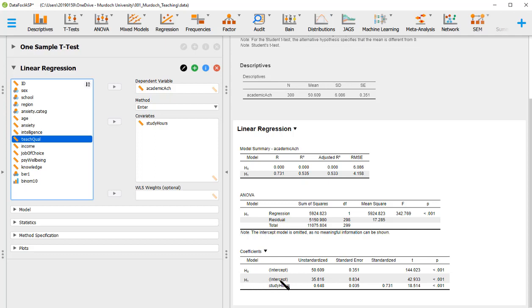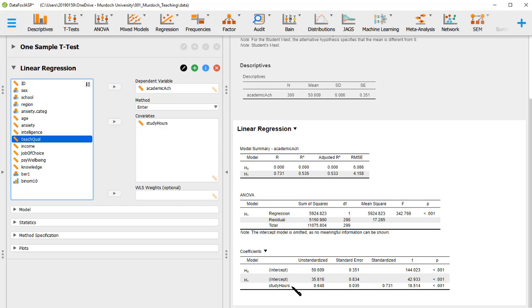Now this is what we are interested in, the model that has one predictor. So the intercept would be beta 0, and study hours is beta 1, because beta 1 is the change in academic achievement as a function of a change of 1 unit of hours of study.